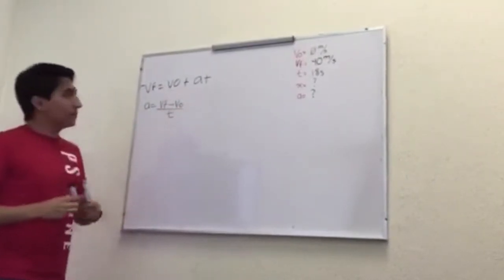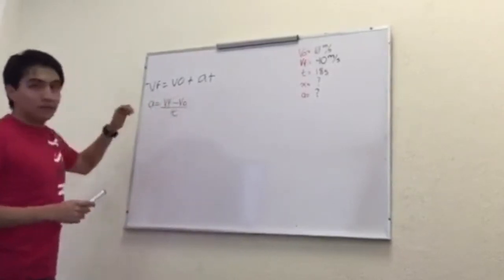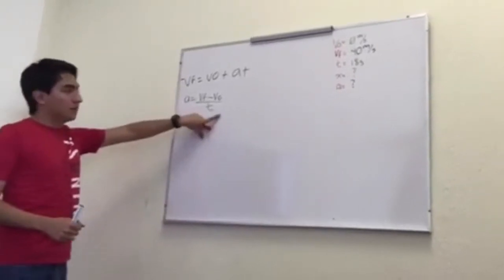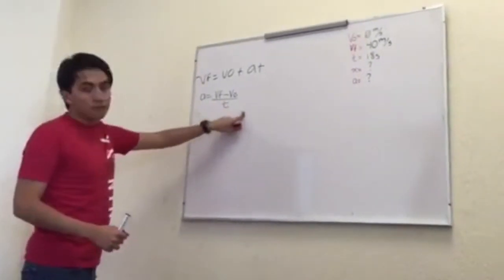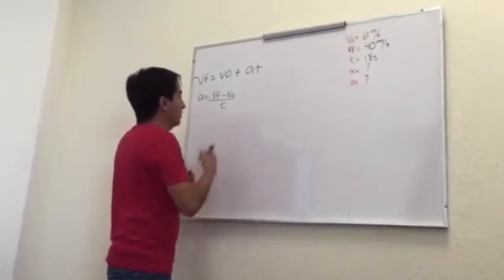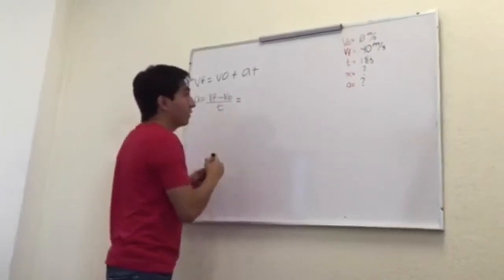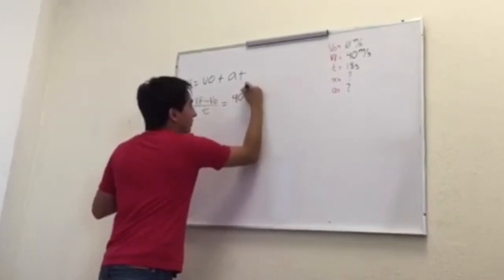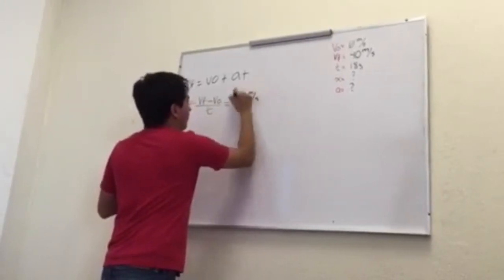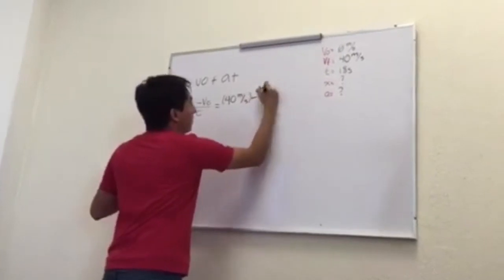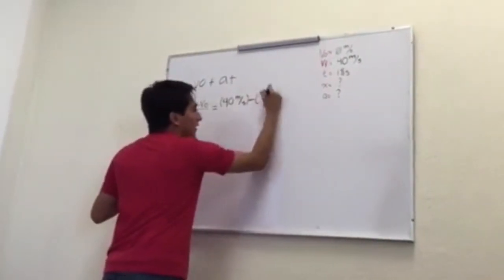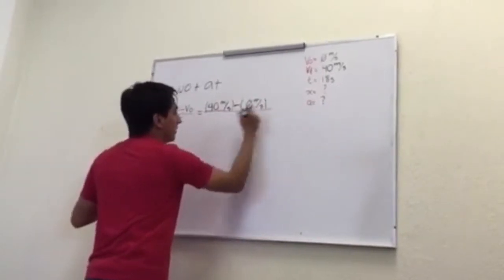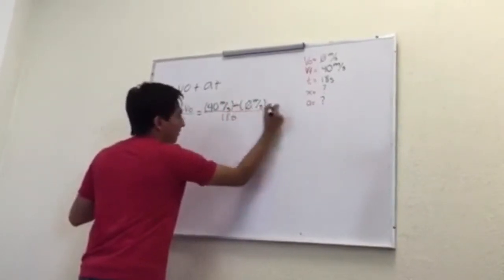Okay, then we have to get the acceleration. So the formula to get the acceleration is final velocity minus initial velocity over time. So it is equal to final velocity, 40 meters per second, minus initial velocity, 0 meters per second, over the time, 18 seconds.